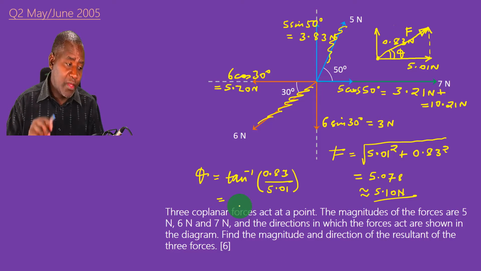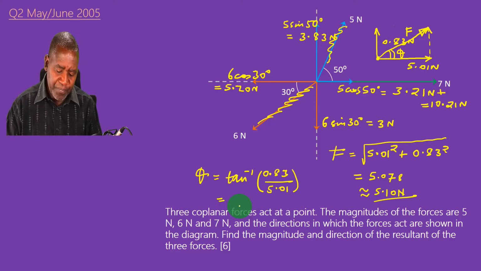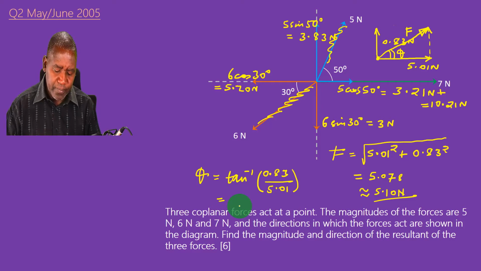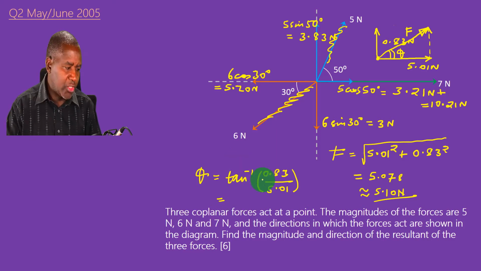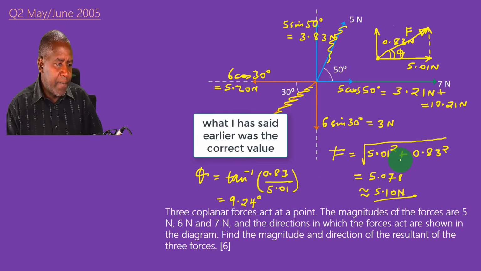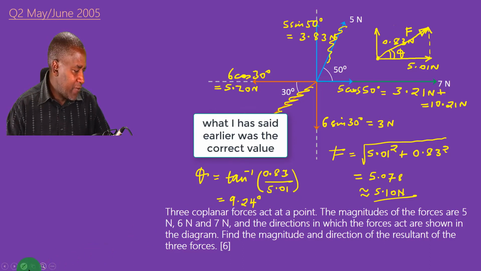I can work out theta directly just by doing shift tan, then in brackets 0.83 divided by 5.10. And I get 9.24 degrees. So let me just change that value.